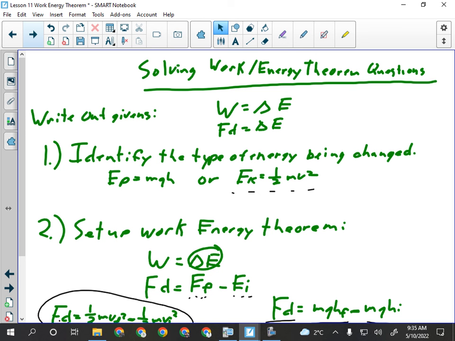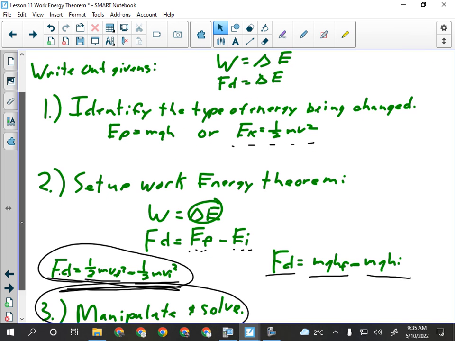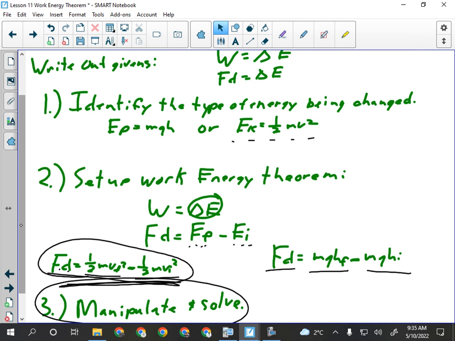So work equals the change in whatever type of energy is changing. Force times distance is final minus initial. And if it's kinetic, it looks like this. And if it's potential, it looks like this. And then your last step is to manipulate and solve for whatever the question asks you to solve for.